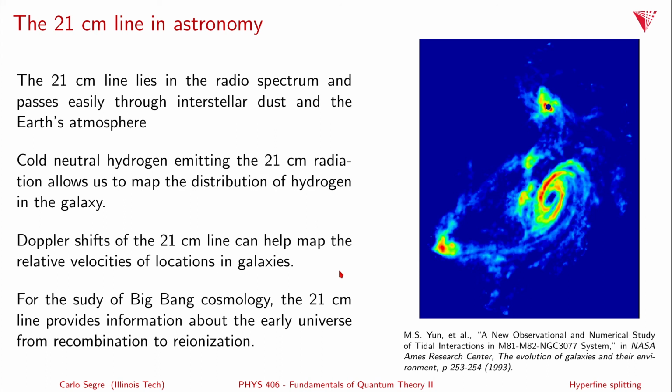The 21 centimeter line gives you information about the early universe from recombination, that is, when you start getting protons and electrons, and then hydrogen, to reionization, where you ionize the hydrogen and you no longer have neutral hydrogen that can emit the 21 centimeter line. So the 21 centimeter line is extremely important in astronomy, and it comes from this hyperfine interaction in the ground state of the hydrogen atom.